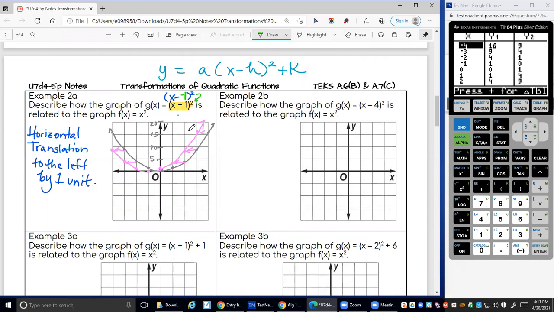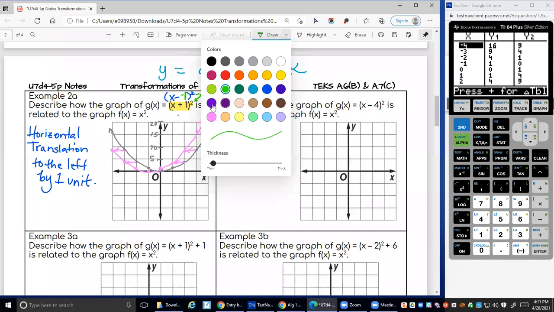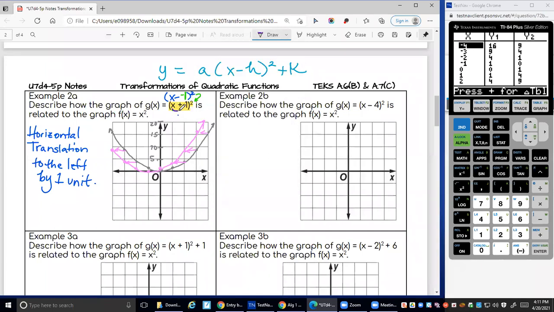So what I want you to remember with the parenthesis is that if it's in the parenthesis, think about it like this. I'm going to go ahead and make an O, because it is opposite of what I think it should go. Because, you know, the positive numbers live over here, right? Negative numbers live over here. It's got a positive 1, but it's going the opposite way I think it should go, right?